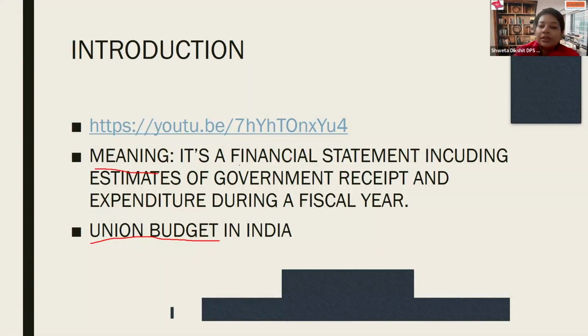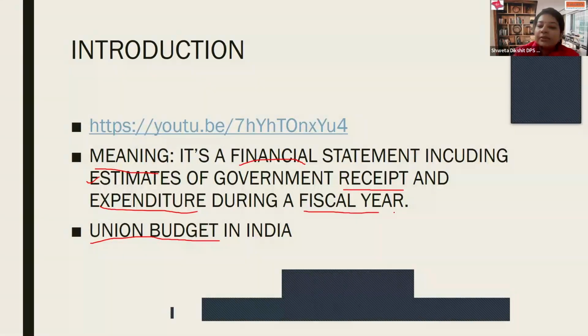What is the meaning of this budget? Budget is a financial statement including estimates of the government receipts and expenditure during a fiscal year. Now remember, this is a pure estimation. It's nothing which has already happened. It is an estimation which the government is going to make for the associated receipts as well as expenditures during a fiscal year.